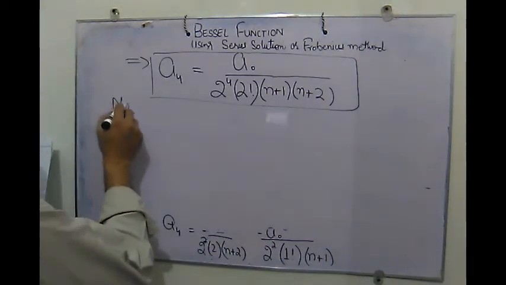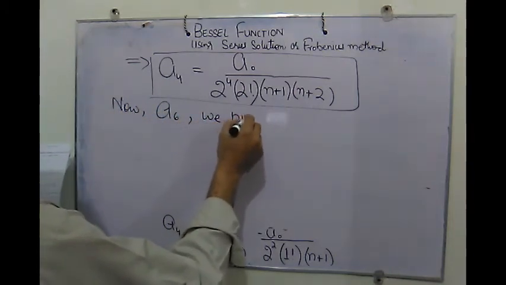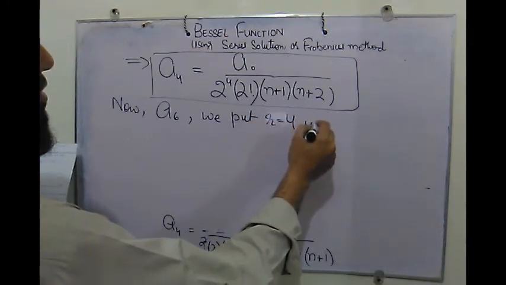Now if we are interested in a6, we put r is equal to 4 in equation 5.